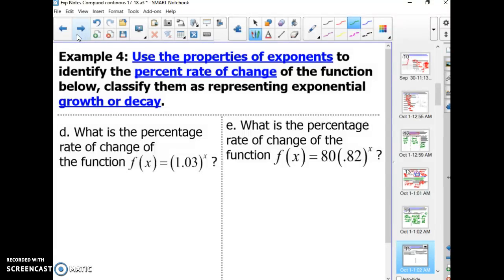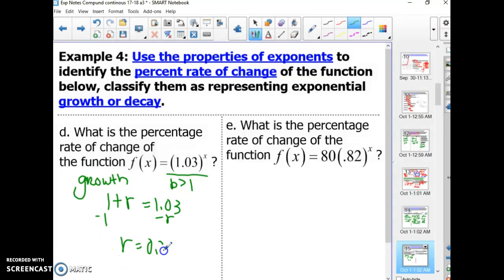What is the percent rate of change of this function? Let's look at this. Is this growth or decay? It's bigger than 1, so I know it is growth. 1 plus my rate will give me 1.03. So I minus 1 from both sides. I know my rate is 0.03, which is 3%.